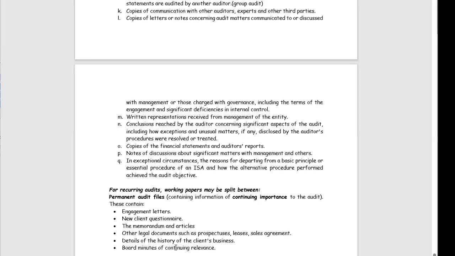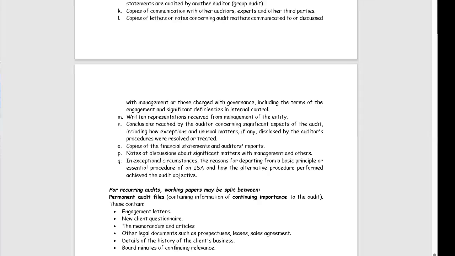Other matters that will be stored under the permanent audit file are a copy of the organization structure. The other one could be a list of the investments the entity has.